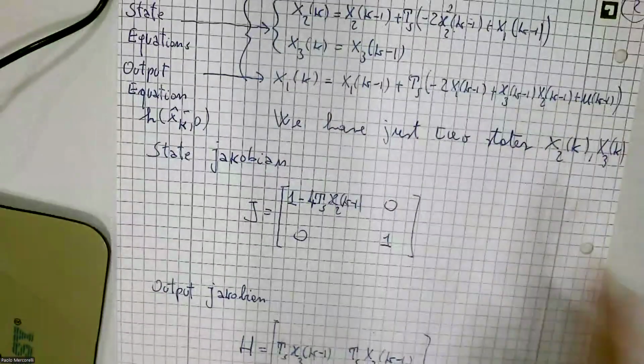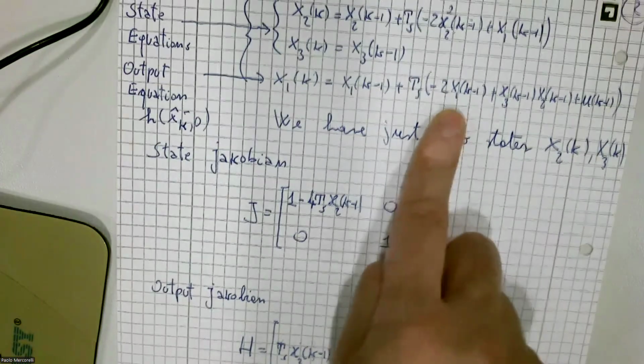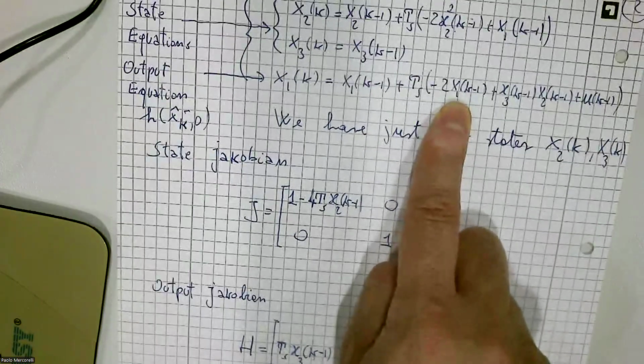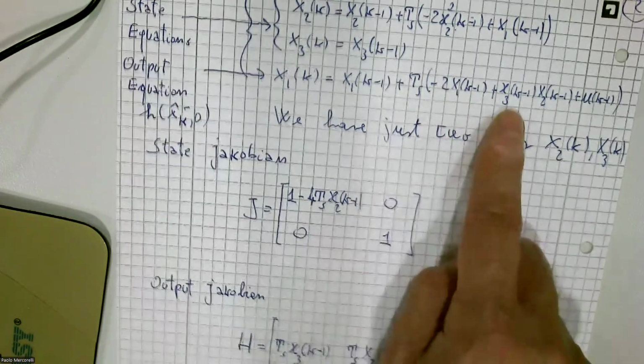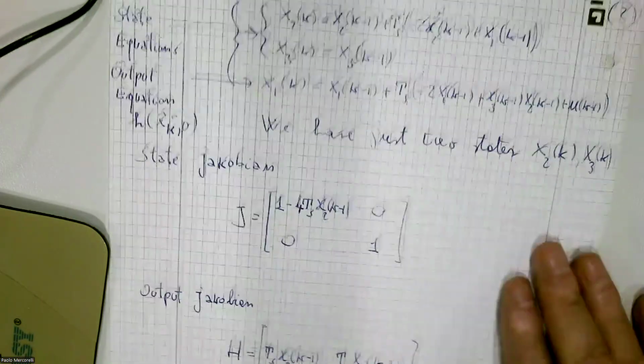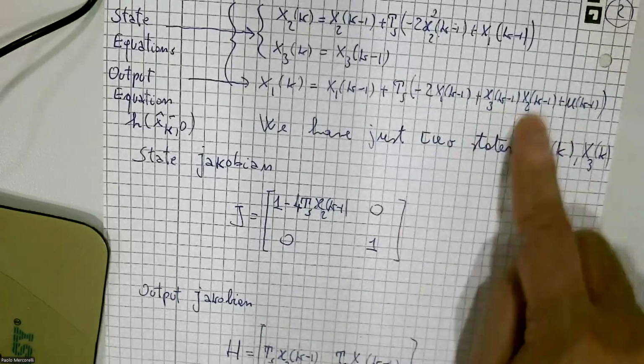The derivative of this expression with respect to x2 of k minus 1, if you look here, is 1 times x3 of k minus 1, because it's just here.